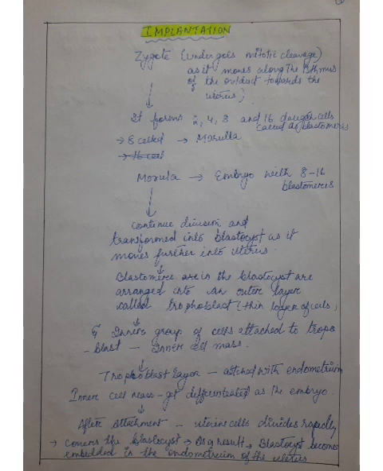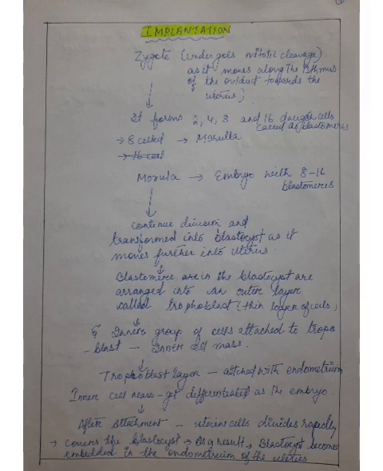The zygote, which is a result of fertilization, undergoes mitotic cleavage, which means it breaks down. As it moves along the isthmus of the oviduct toward the uterus, when mitotic division takes place, it forms 2, 4, 8 and 16 daughter cells, and they are called blastomeres.